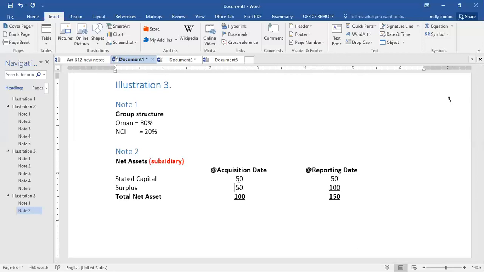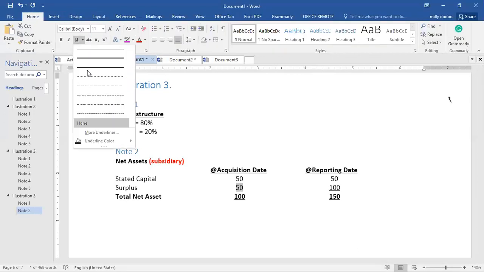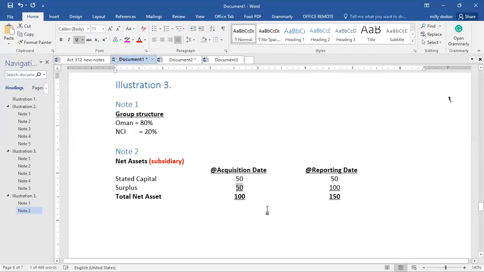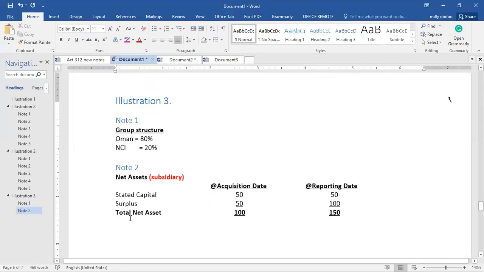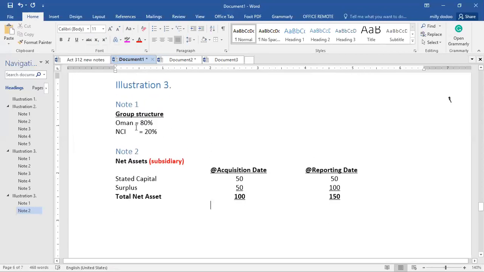So the acquisition surplus is 50 and the reporting surplus is 100. That is what you need to do for note 2 in that order.